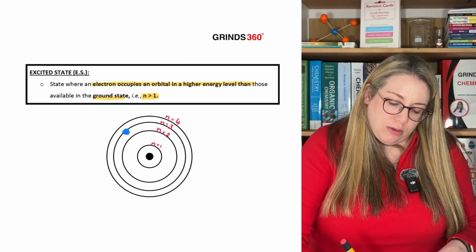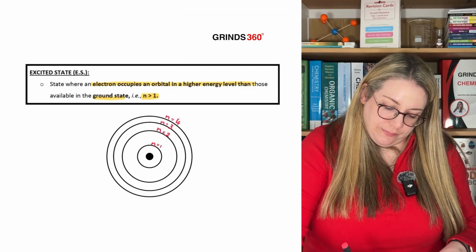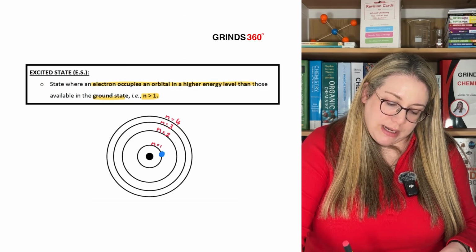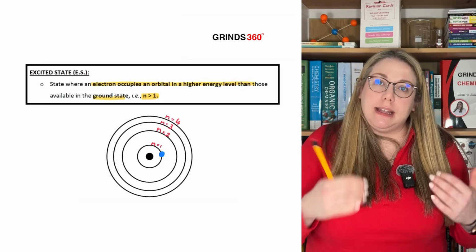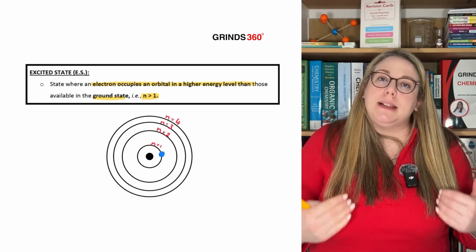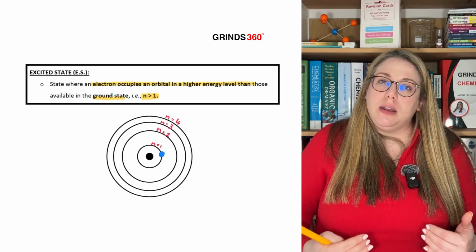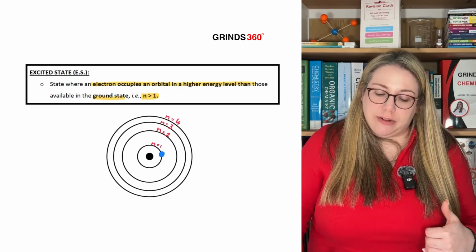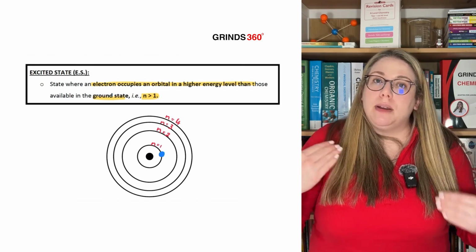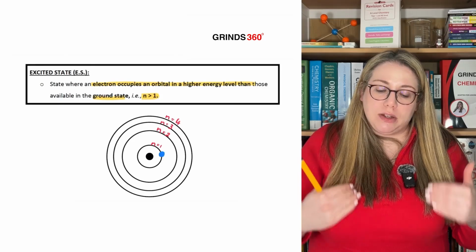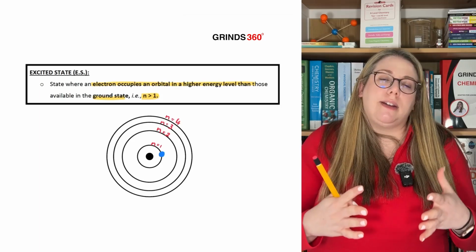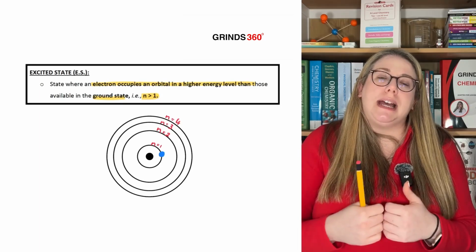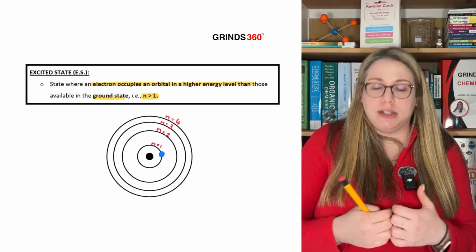If I was to draw this one, where the electron occupies n is equal to 1, that atom of hydrogen is in the ground state because the hydrogen's one electron occupies the lowest available energy level. Now, there's a reason I'm labouring over those two diagrams, because in the short questions a couple of years ago, students were given a Bohr diagram for hydrogen and it showed an electron falling to n is equal to 2.